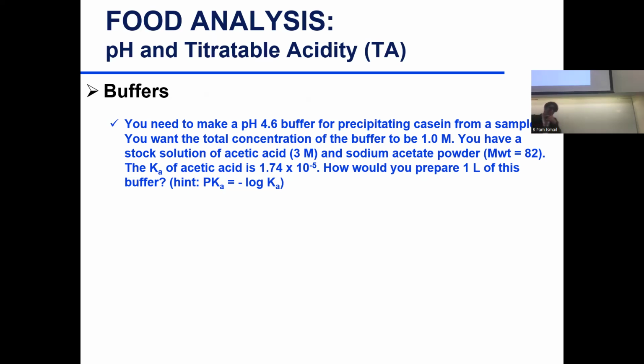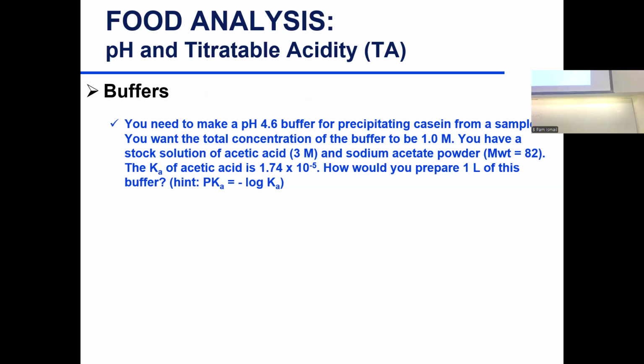So in order to apply the Henderson-Hasselbalch equation, you want the pKa of the acid. In this case, it's acetic acid. So I gave you the Ka. pKa is negative log Ka.